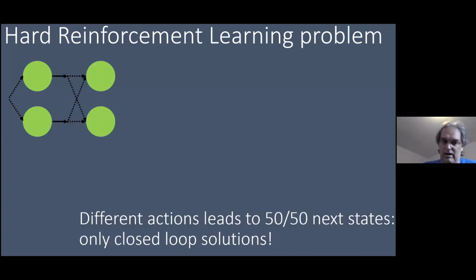And then each of these states will have one action going out, which 50-50 leads to 2 next states, right? So the fact that the transition is stochastic means that you must make an observation in order to decide what the right next step is going to be. So it has to be a closed loop solution in a control theory sense, right?